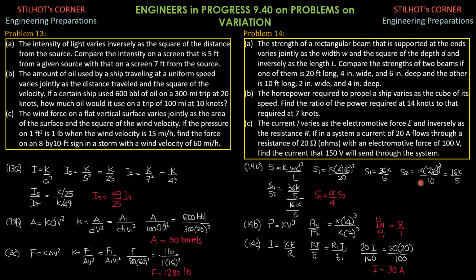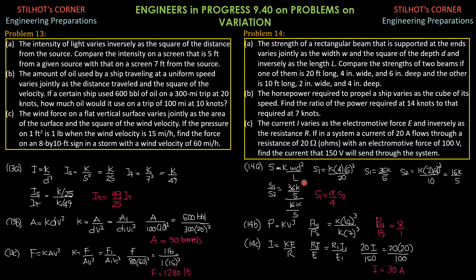Then S sub 2 equals K times the beam section, which is 2 inches wide, so 2, with depth 4 inches, so 4 squared, divided by length 10 feet, so that is 16 over 5 K. Getting the ratio S sub 1 over S sub 2 is 36 over 5K over 16 over 5K.